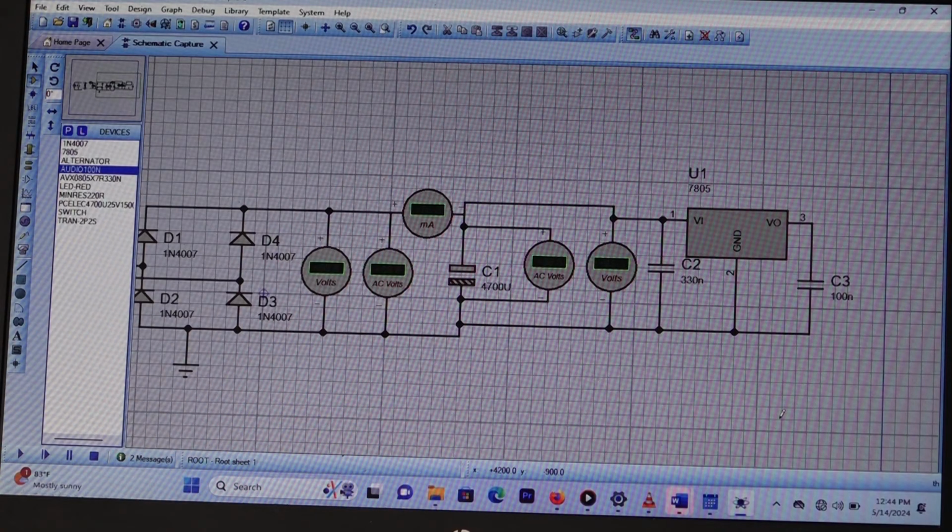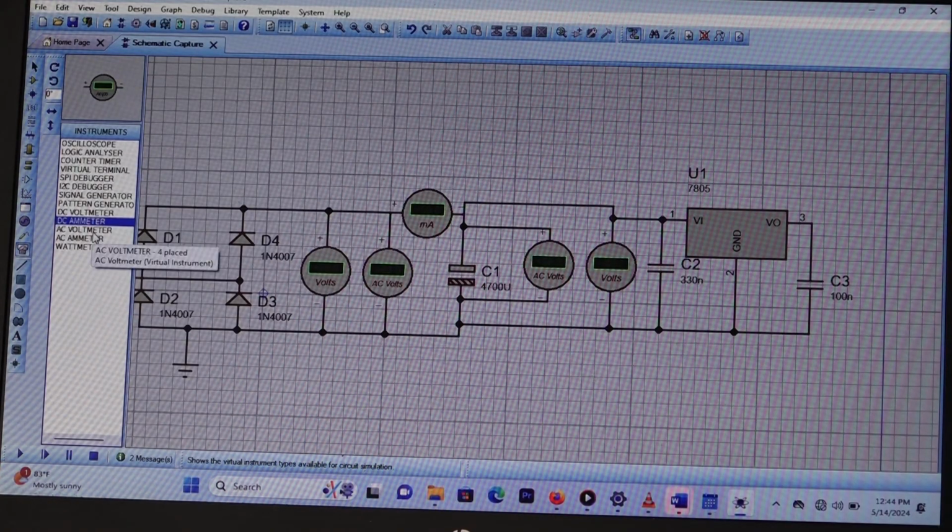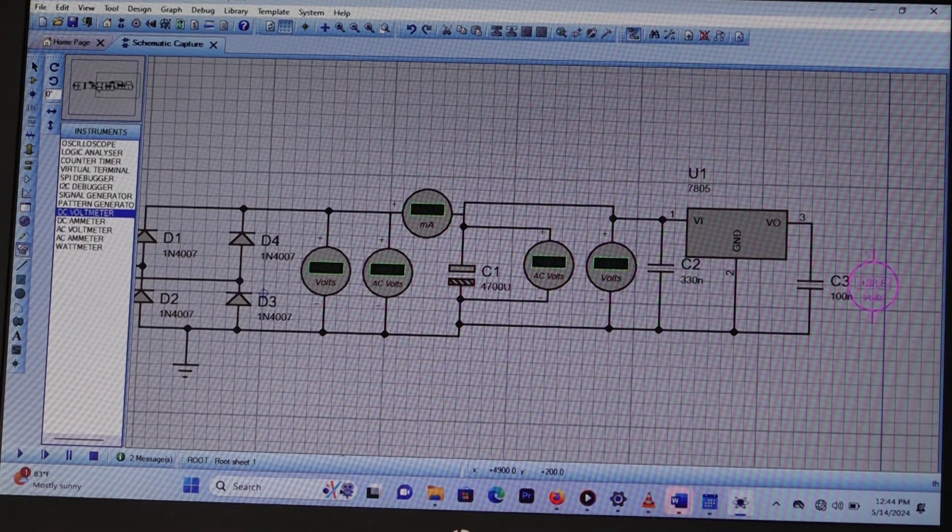Okay? So the output of the filter unit is the input of the voltage regulator unit. Are we together? Then next, what do you have to do? We are going to pick the measuring instrument. We know that the output of the voltage regulator is DC, so we want to measure the output voltage of the voltage regulator.